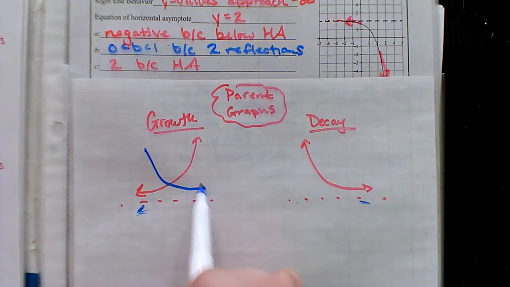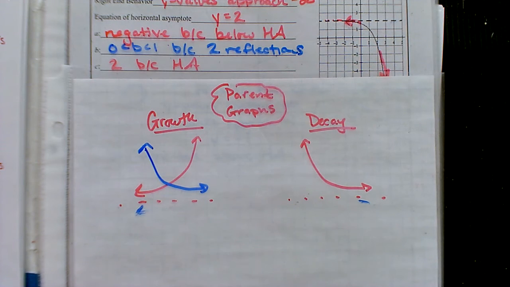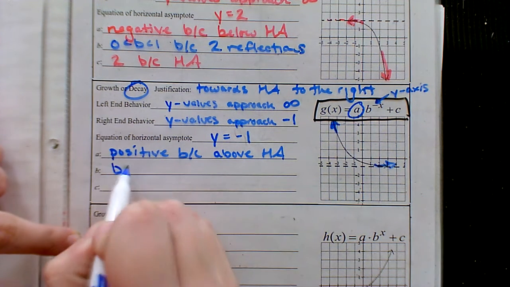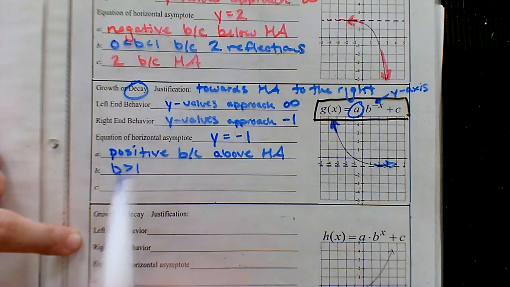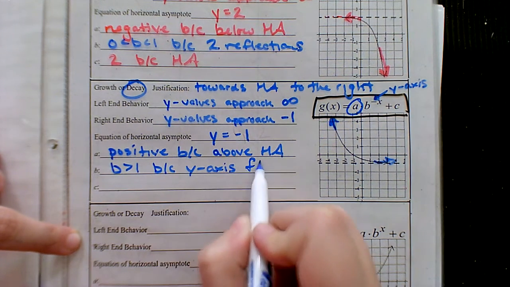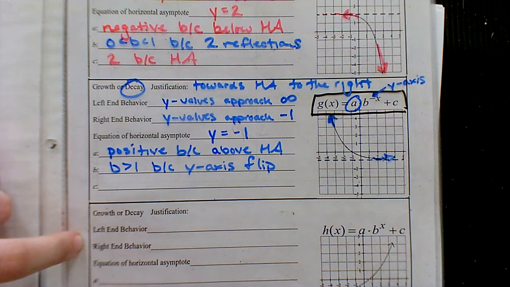Growth, right? If we flip the growth left and right, it would change to decay. So the original parent function was growth, which means our B value is bigger than 1. Good. B is bigger than 1. We'll say because of the y-axis flip for this particular example.